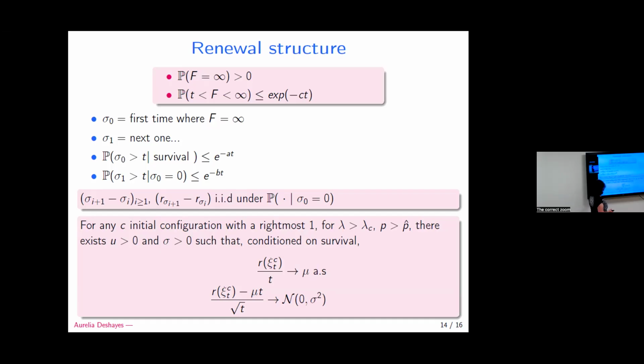So at the end, you have an i.i.d. structure for this time and this rightmost position, and the job is done. You can just apply the law of large numbers and the central limit theorem, and say that you have a linear speed of the rightmost, and Gaussian fluctuations.